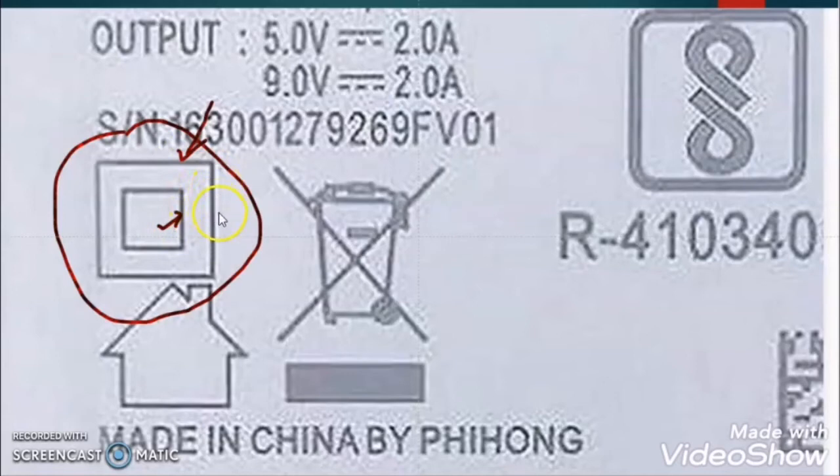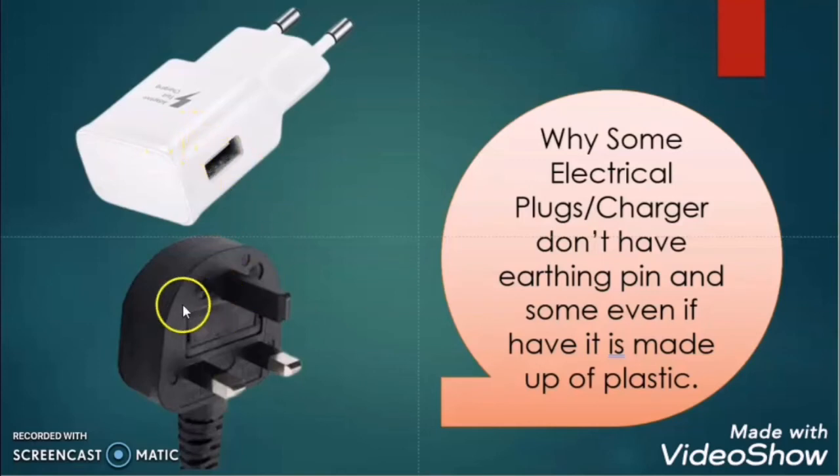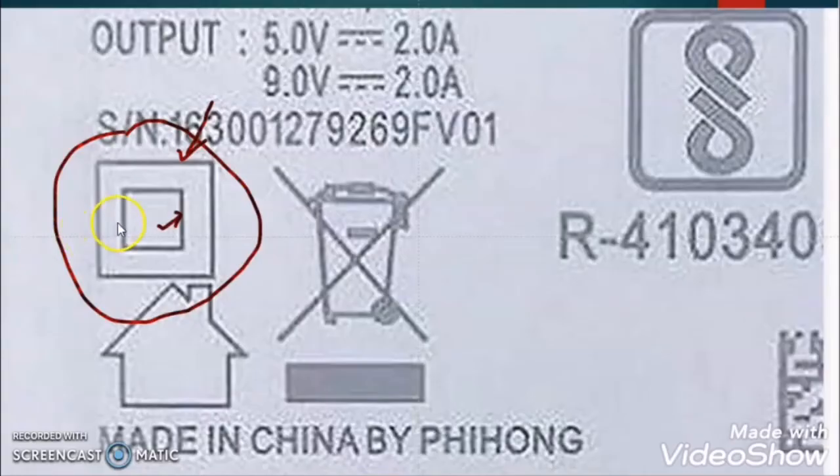So you will never get a shock due to earth leakage fault current from that equipment. So if that is the case, then actually we don't require earthing. So the mobile charger or equipment having the earthing pin is connected to equipment which has the double insulation symbol. It means that the equipment is double insulated, and this equipment does not have any chance of an earth leakage fault condition. Hope I'm clear now.